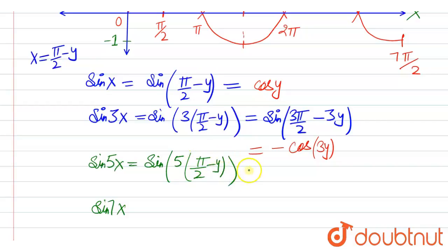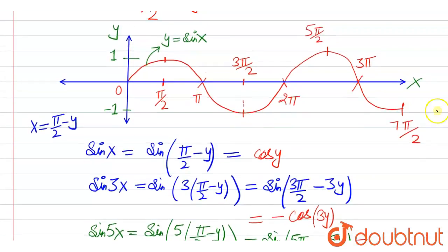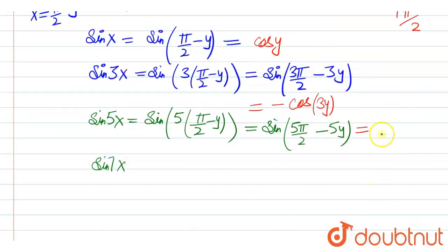This becomes sine of 5 pi by 2 minus 5y. From the graph we can see that 5 pi by 2 minus some angle is positive, and sine changes to cos. This becomes cos 5y.